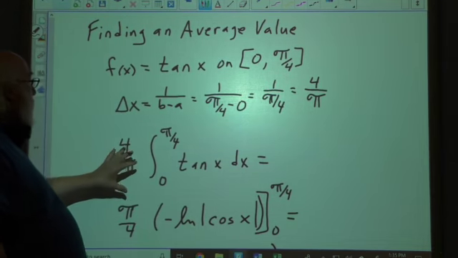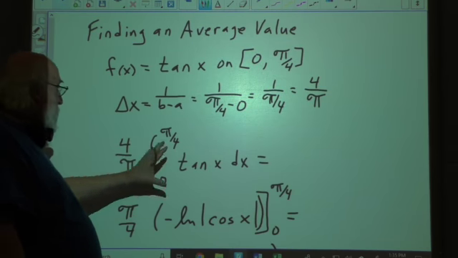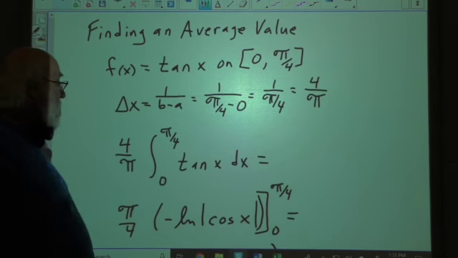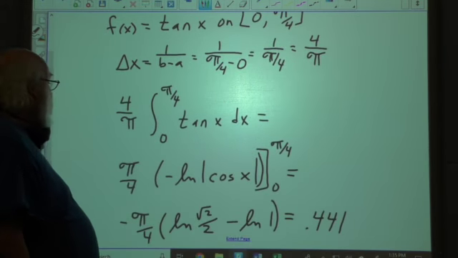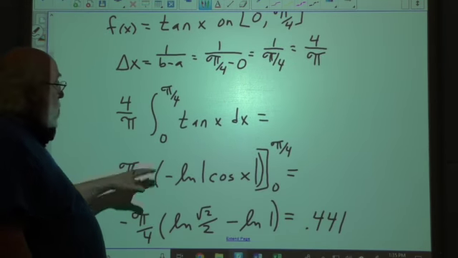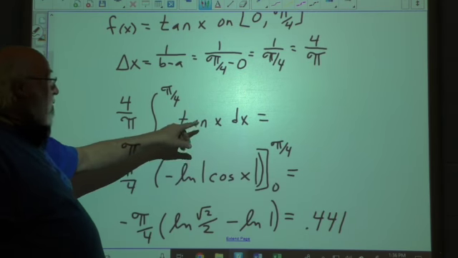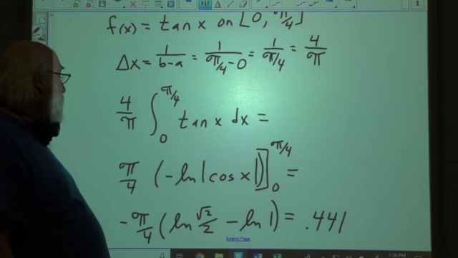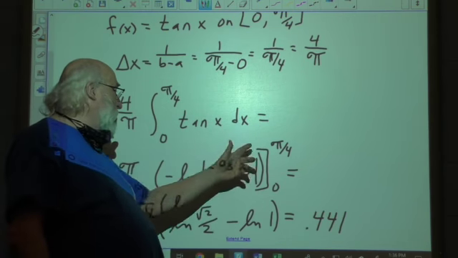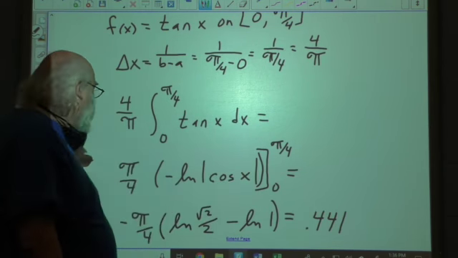So 4 over pi, our average, times the integral of the tangent of x will give us our average value like we've done before. And we also know that the integration of the tangent of x is the negative natural log of the cosine of x going from 0 to pi over 4.